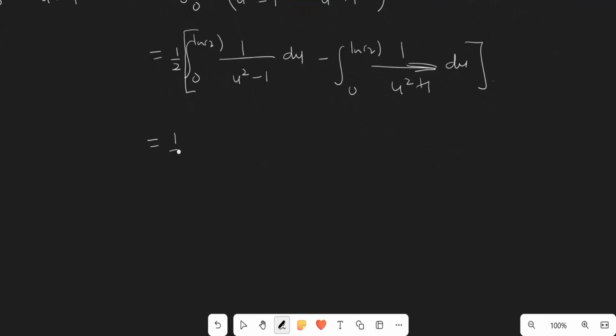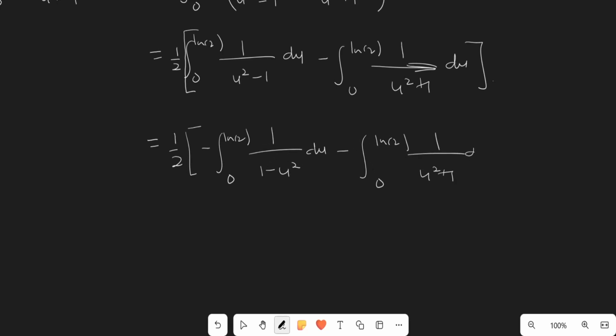This one we can also write as negative the integral from 0 to ln of 2 of 1 all over 1 minus u squared du, minus the integral from 0 to ln of 2 of 1 all over u squared plus 1 du.